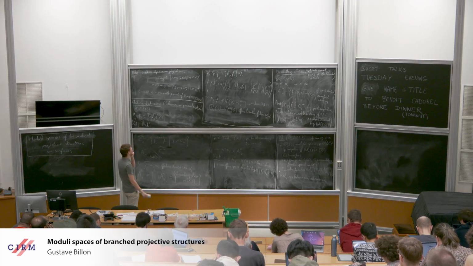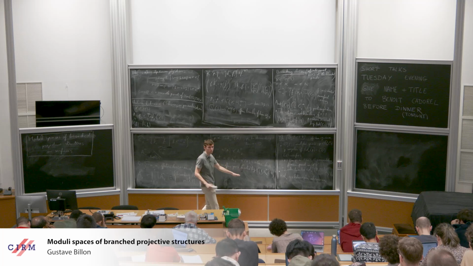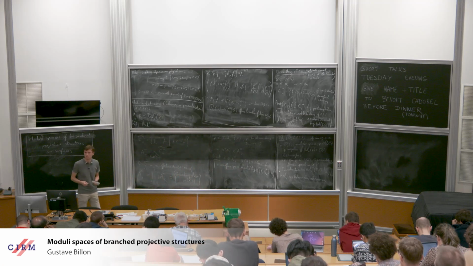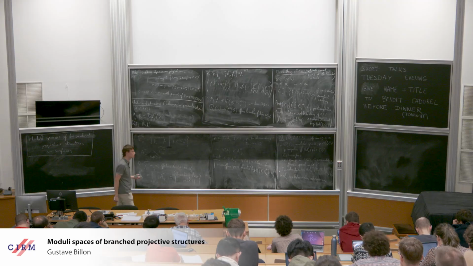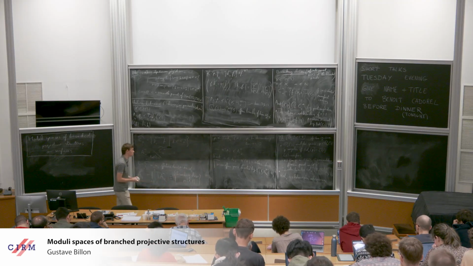So, in order to have an affine space of branched projective structures, it is not enough to fix the complex structure. It is not enough to fix the divisor either. You have to fix something more, that is a branching class.